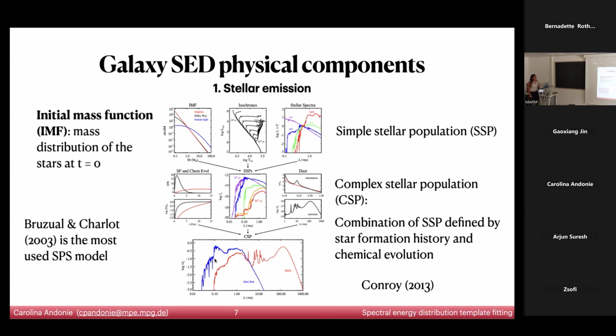Even though the most usual stellar population synthesis model used in general is Bruzual and Charlot 2003, we can still set different priors when we use this model. So using the same model, if we assume different star formation histories, different IMFs, different metallicities, we can obtain completely different stellar masses. So we need to be careful.